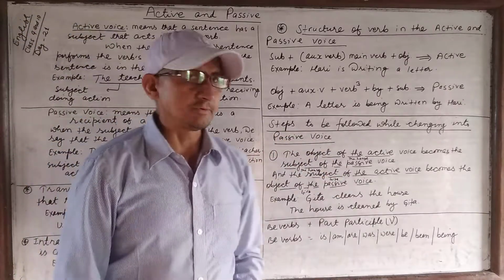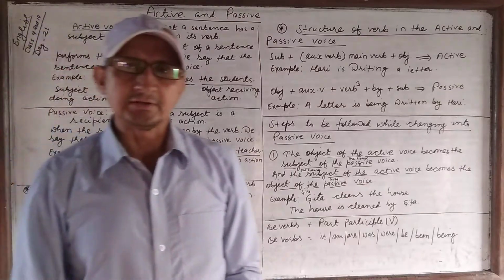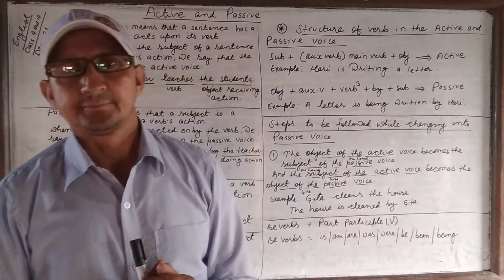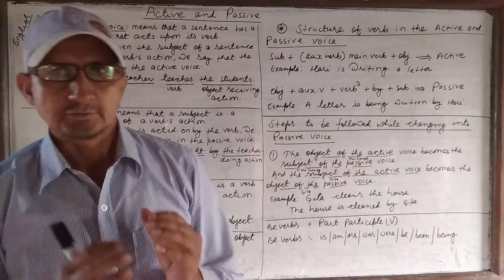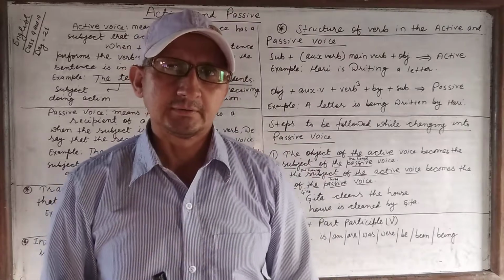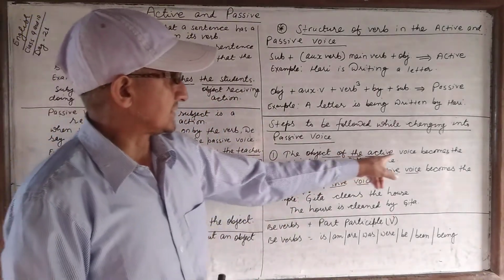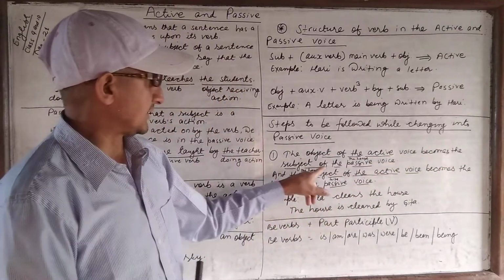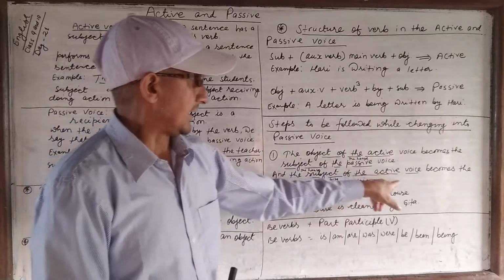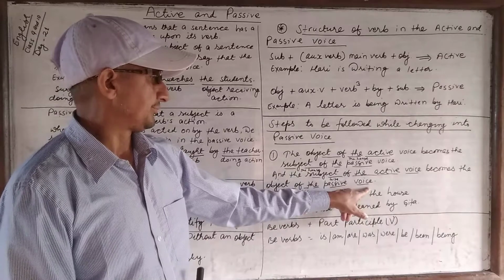Now, the steps to be followed while changing into passive voice. You have to follow some steps to change active voice into passive voice. The first step is: the object of the active voice becomes the subject of the passive voice, and the subject of the active voice becomes the object of the passive voice.